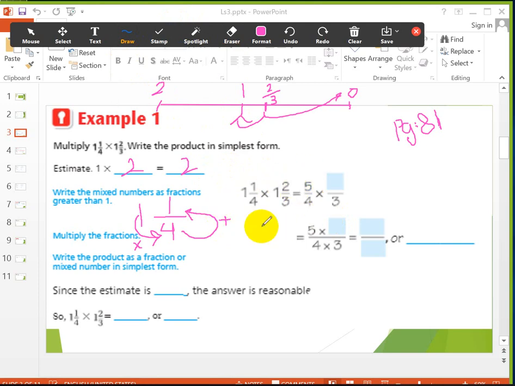Also, I want to write this number as a fraction, 1 and 2 over 3. I have to multiply 1 with 3, multiply the whole with the denominator, right? Then I have to add the answer to the numerator. That means 1 multiply 3 equals 3.